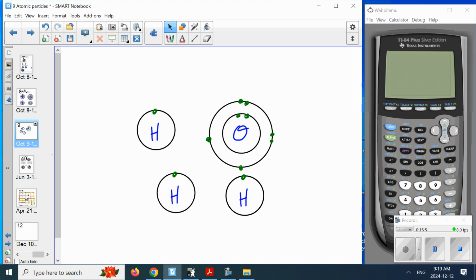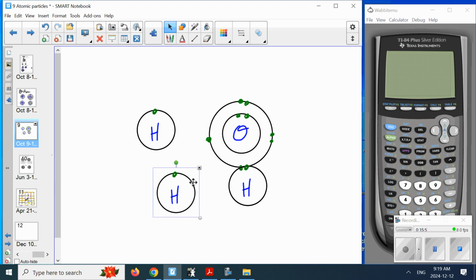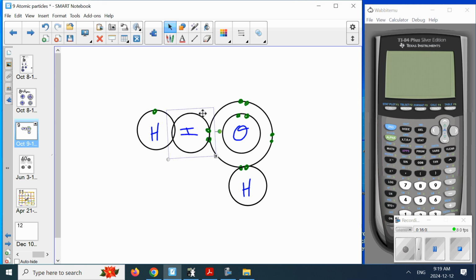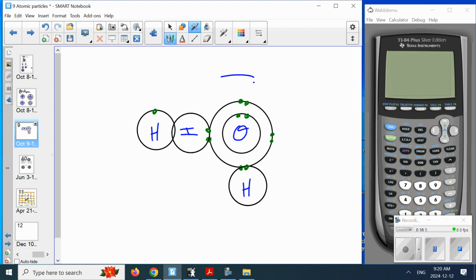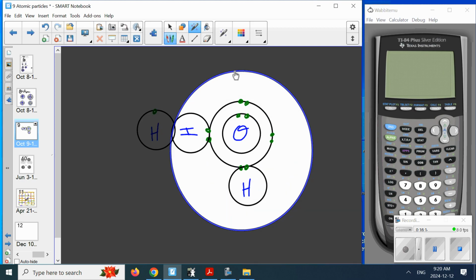We're going to say, well, what if hydrogen shared that electron? What if this hydrogen shared that electron there? I'm just going to say we're only looking at these here, ignoring that other. You guys see how this predicts the formula?